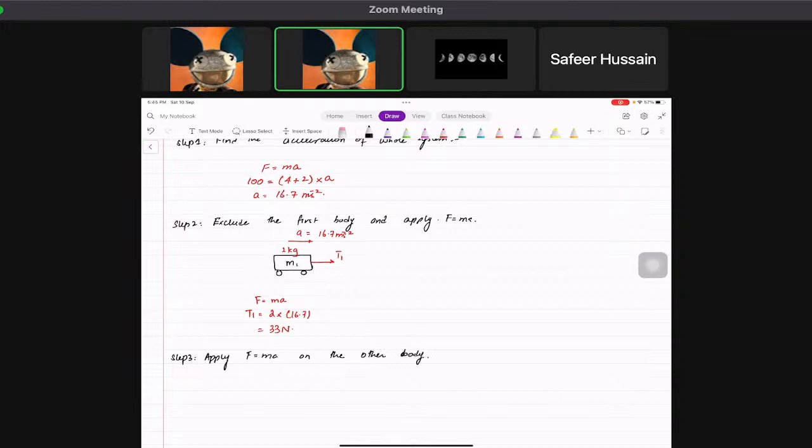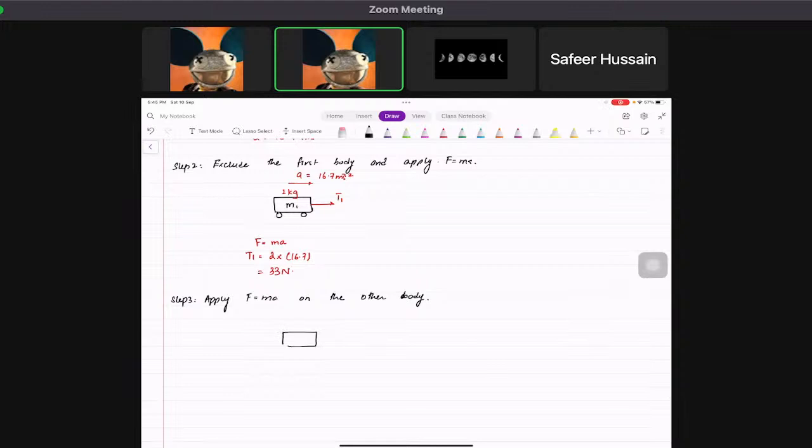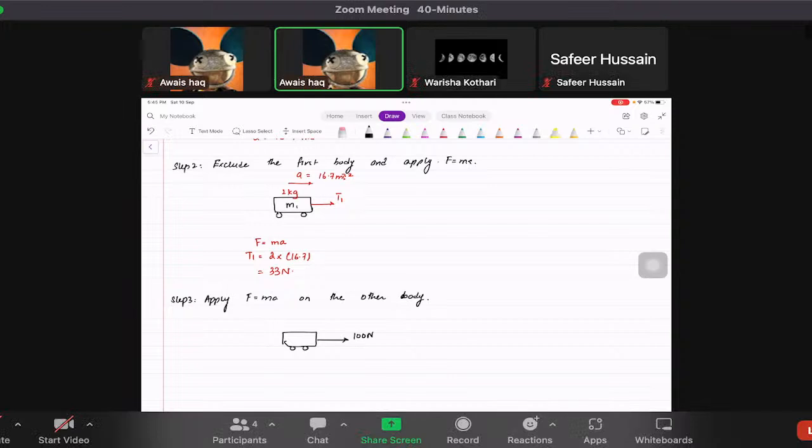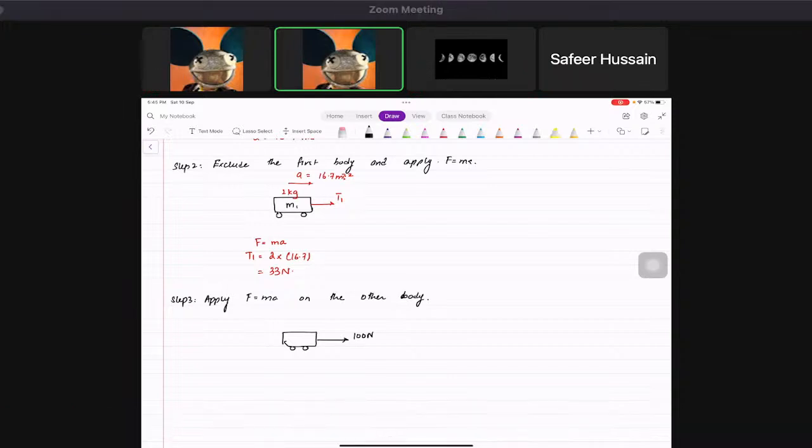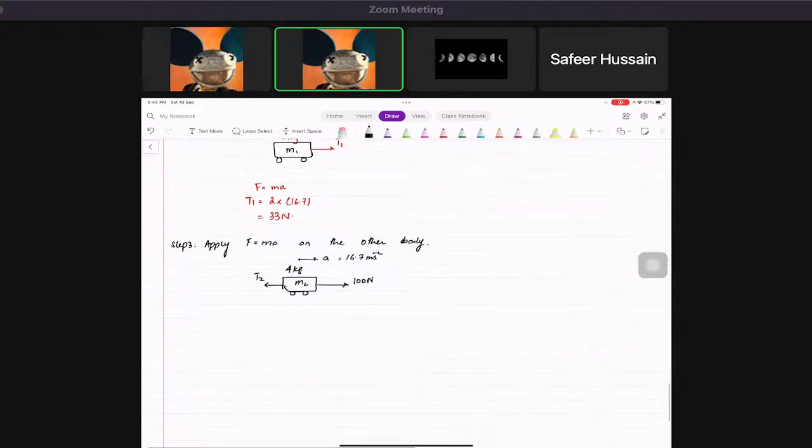For the other body, there is 100 newtons on this side and T2 on this side, and the acceleration is the same, 16.7 meters per second square, and the mass is 4 kg, M2. So you apply F equals ma.